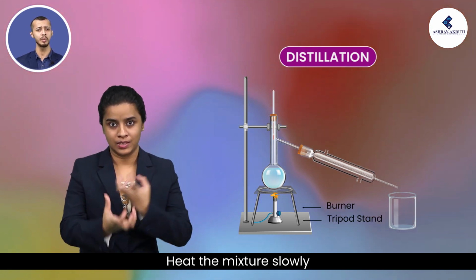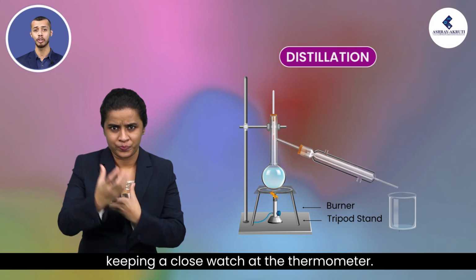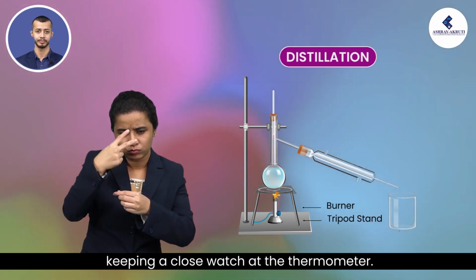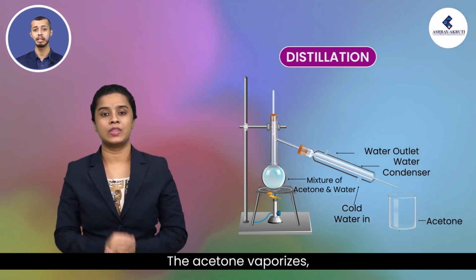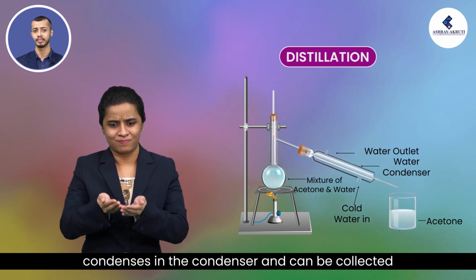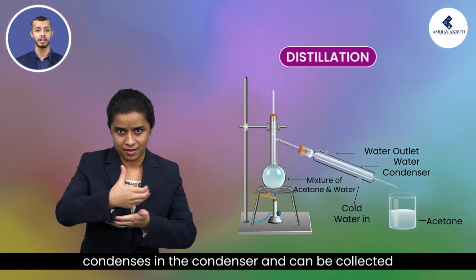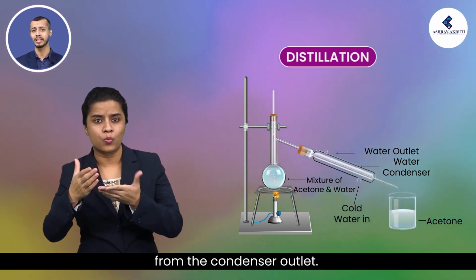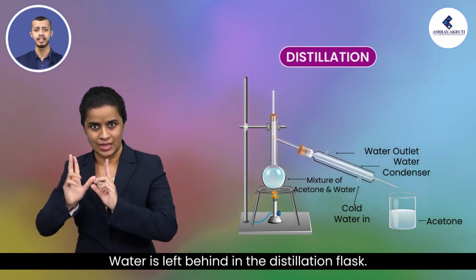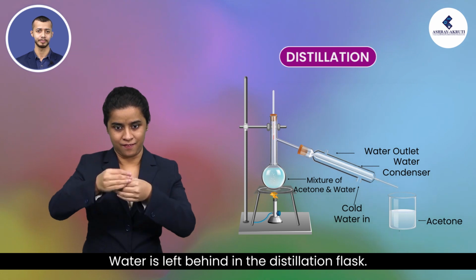Heat the mixture slowly, keeping a close watch on the thermometer. The acetone vaporizes, condenses in the condenser and can be collected from the condenser outlet. Water is left behind in the distillation flask.